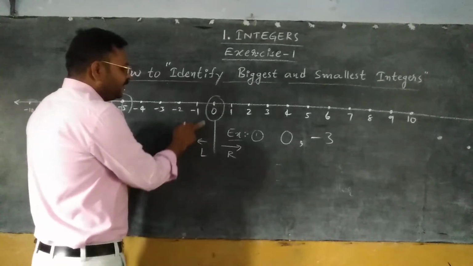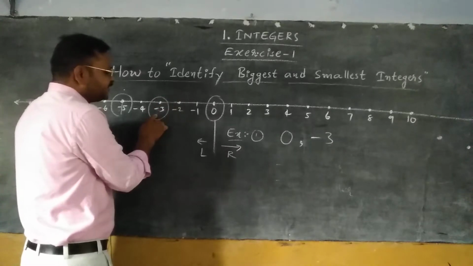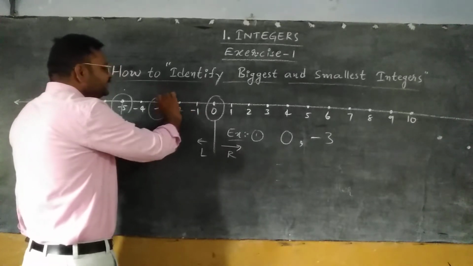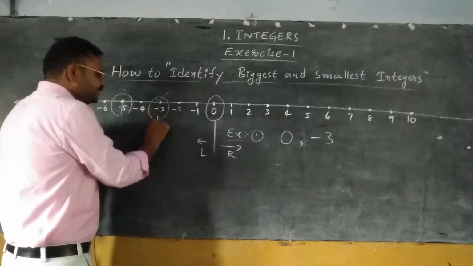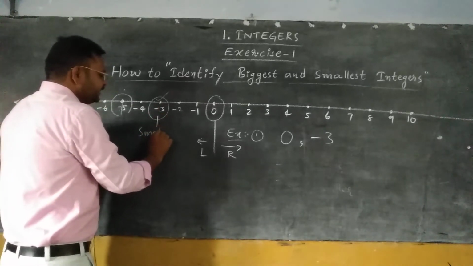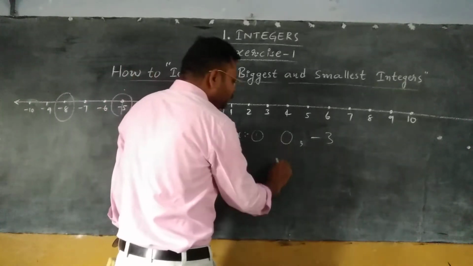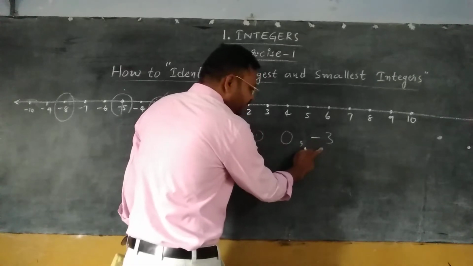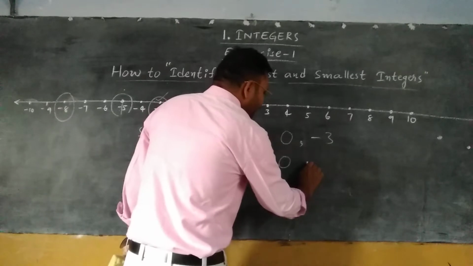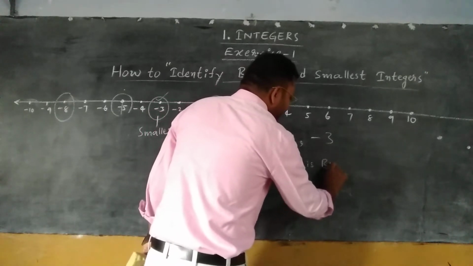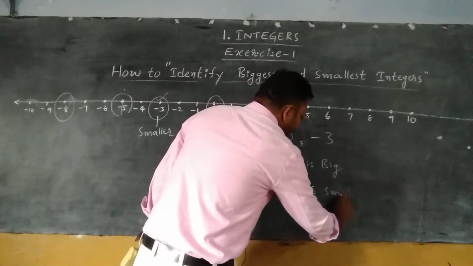Exactly, it is on the left of 0. Minus 3 is on the left side of 0, so minus 3 is smaller than 0. If minus 3 is smaller, then 0 will be bigger. So 0 is the bigger number and minus 3 is smaller.